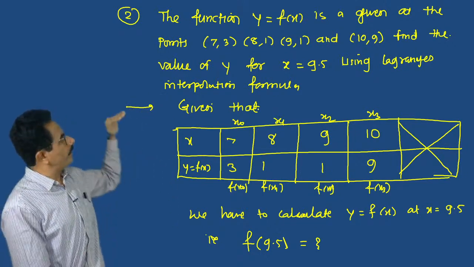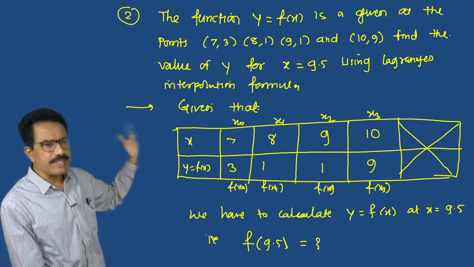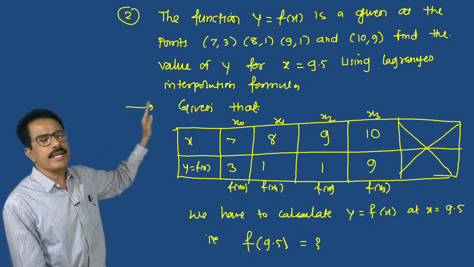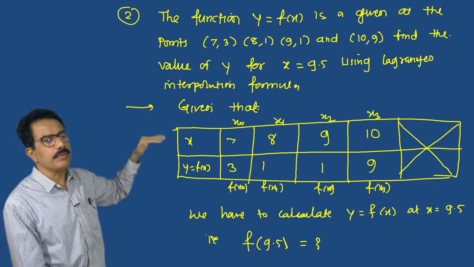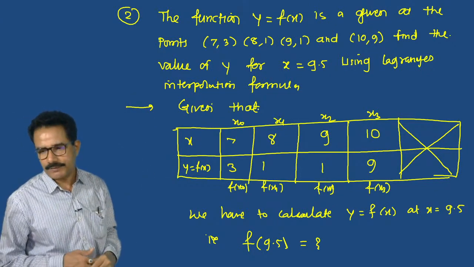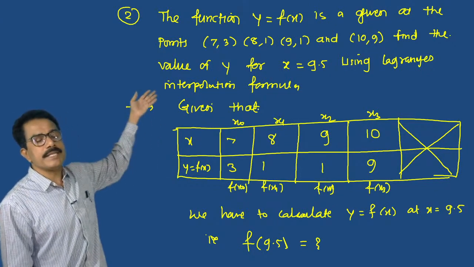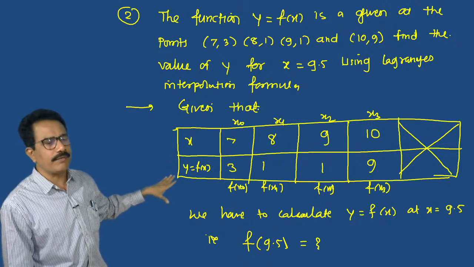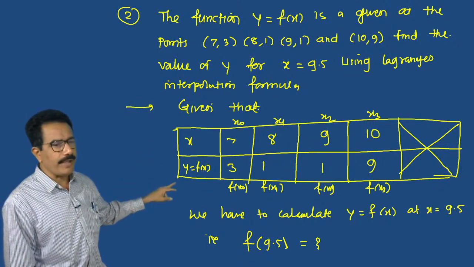Find the value of y means f of x for x is equal to 9.5 using the Lagrange's interpolation formula. Now we have put this given data into the tabular form, x, f of x.